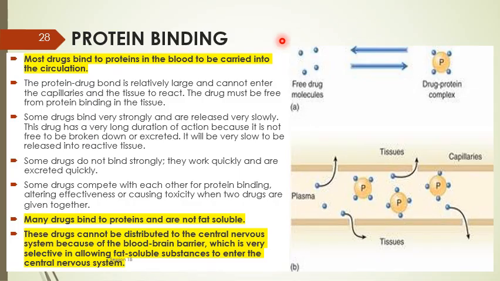So a free drug molecule will bind with the drug protein, and then go through the tissues, capillaries, or anywhere that it's needed. But because of the blood-brain barrier, it won't go to the central nervous system because it's not a fat-soluble substance.